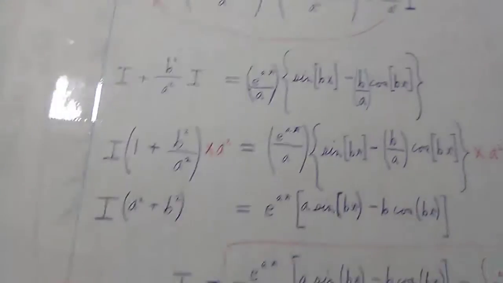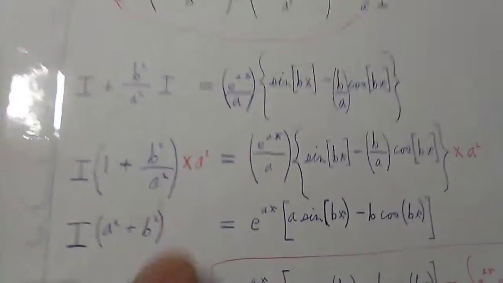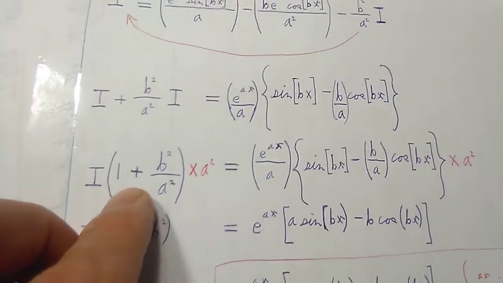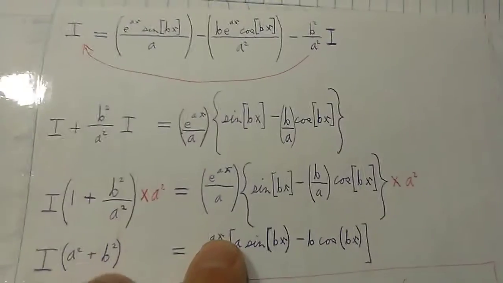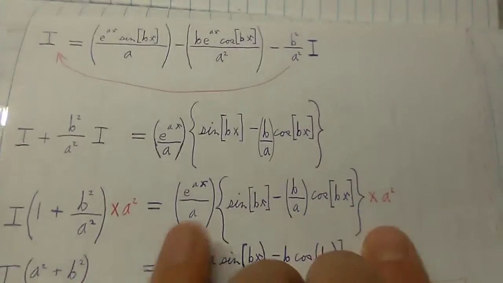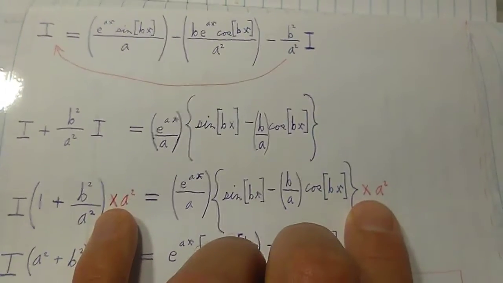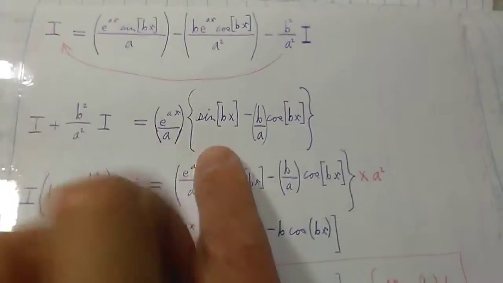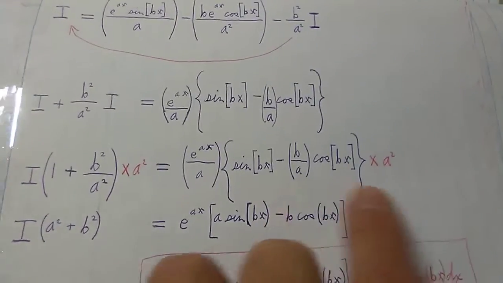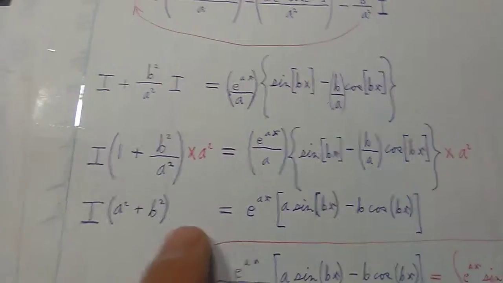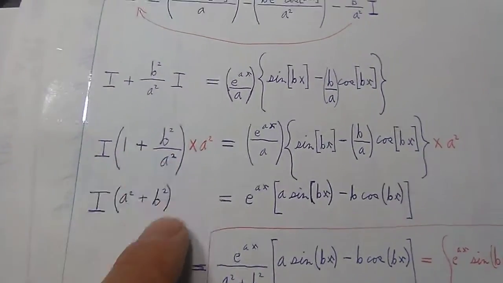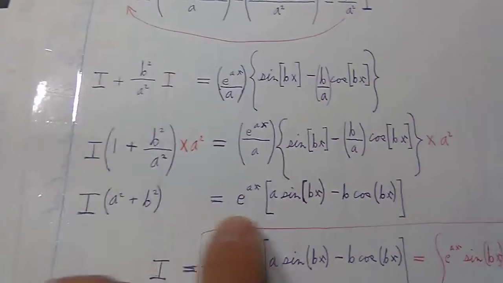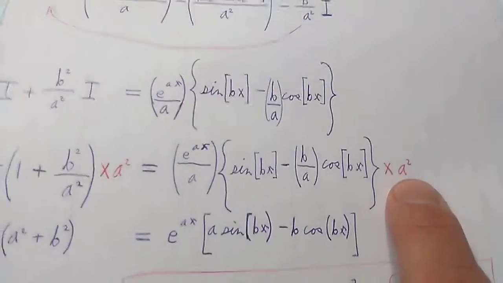Got to move quick. My cell phone's running out of memory. So this term over here, once we pull I out, we have 1 plus b squared over a squared. And then we're going to multiply both sides of the equation by a squared. So this becomes a squared in the first term and b squared in the second term once you multiply through.